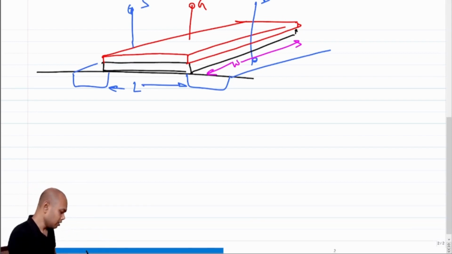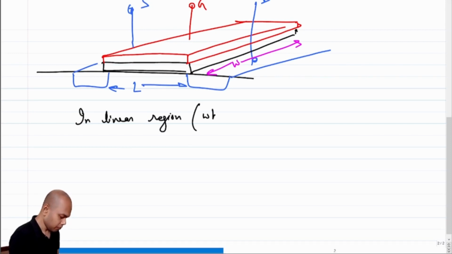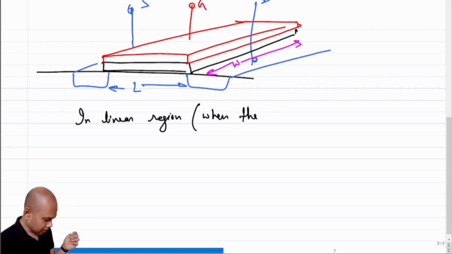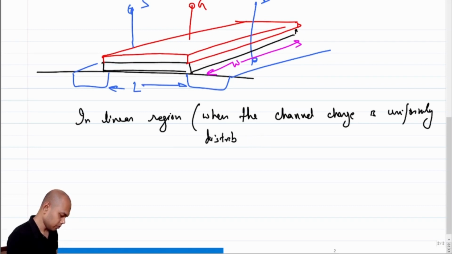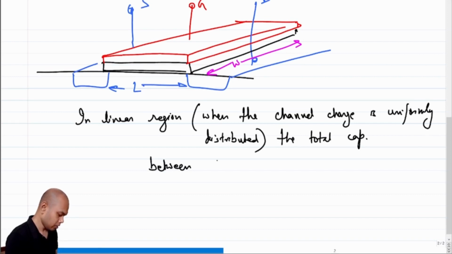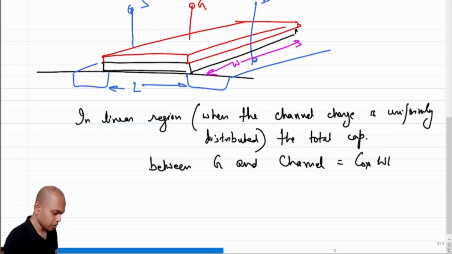Total area is W times L. So under linear region, when the channel charge is uniformly distributed, the total capacitance between gate and channel will be what? Will be equal to Cox times W times L.